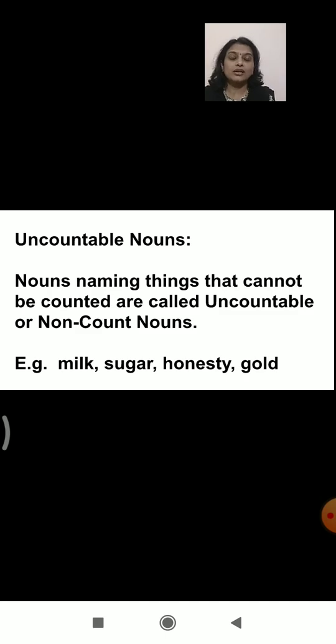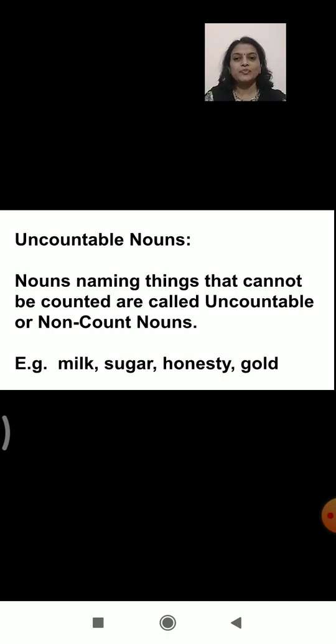Okay, so here you can find mostly the abstract nouns like bravery, honesty, right? They are mostly uncountable nouns. So we can use them here as uncountable nouns. So what we have learned? Countable nouns and uncountable nouns, right? And uncountable nouns, they don't have plurals, right?